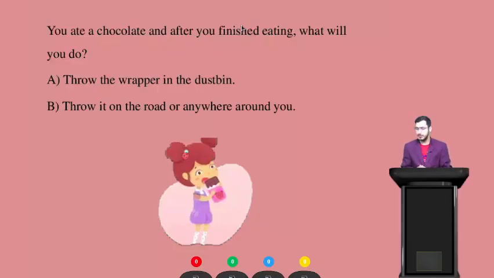Now students, it's a value based question. You ate chocolate, and after you finish eating, what will you do? Throw the wrapper in the dustbin, or throw it on the road or anywhere around you. I'm giving you 30 seconds.